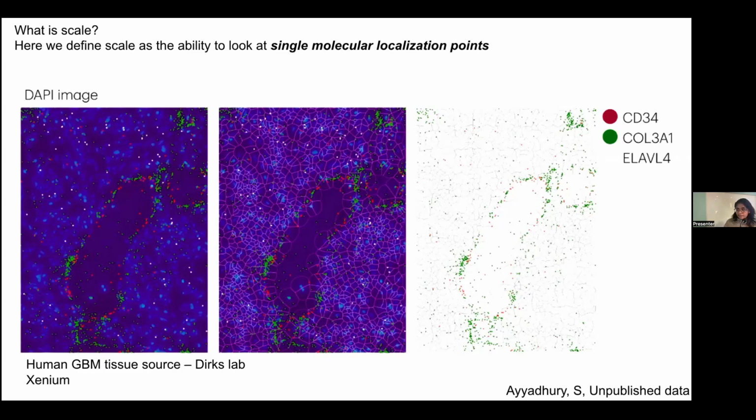You can identify gene modules and understand how these gene modules are distributed across space. You don't need single cell, and you can just make do with any scale as long as the bin size that you choose is sufficient for you to pick up the variations in the gene module that is of interest to you. So these are things that I think are important when it comes to measuring scale.